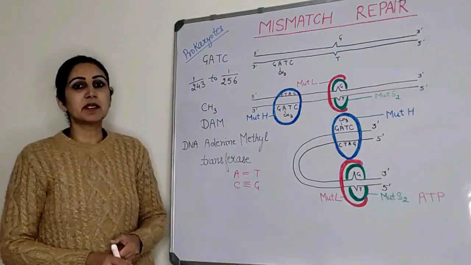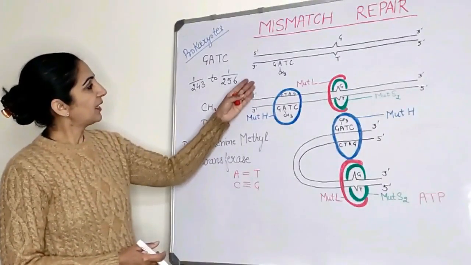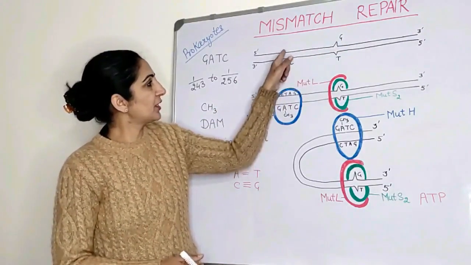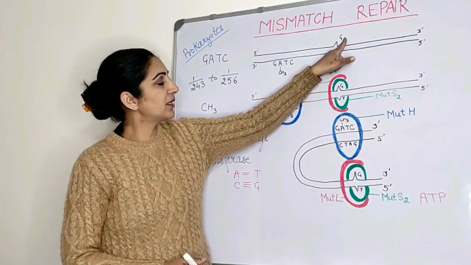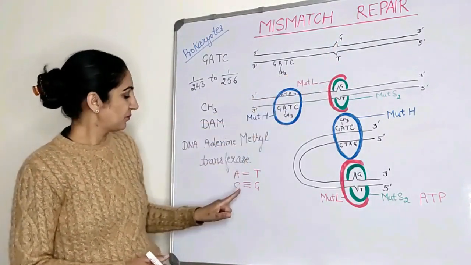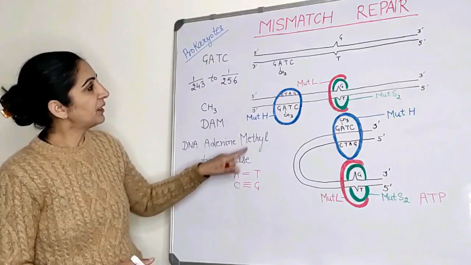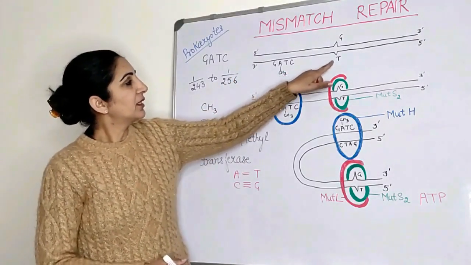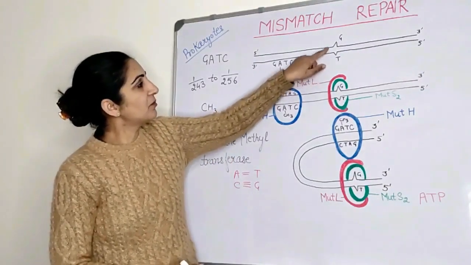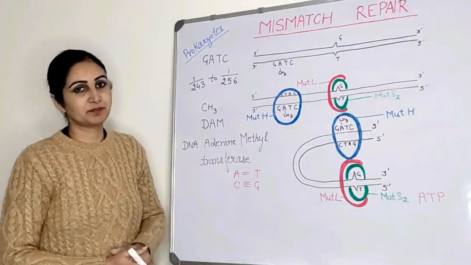Now suppose there is some mismatch. In the present example, suppose this is the correct strand and here we have guanine, then it had to be paired with cytosine. But in the present example, it has paired with thymine. So there is some sort of mismatch here.